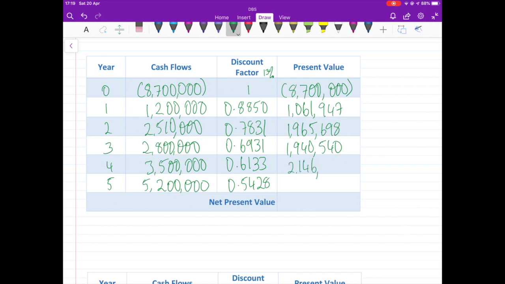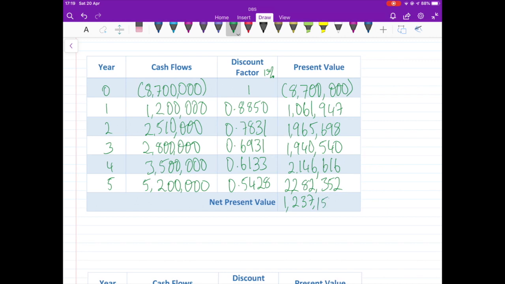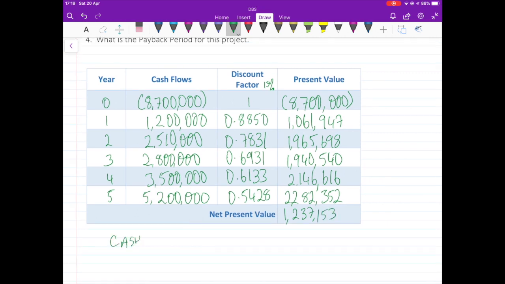For year 4, it's 3.5 million by 0.6133, and for year 5, it's 5.2 million multiplied by 0.5428. By adding the cash flow in and reducing it by the cash flow out, we get the net present value for this project. In this case, that is €1,237,153. The cash flow is positive, therefore the rule is that we would accept this project.